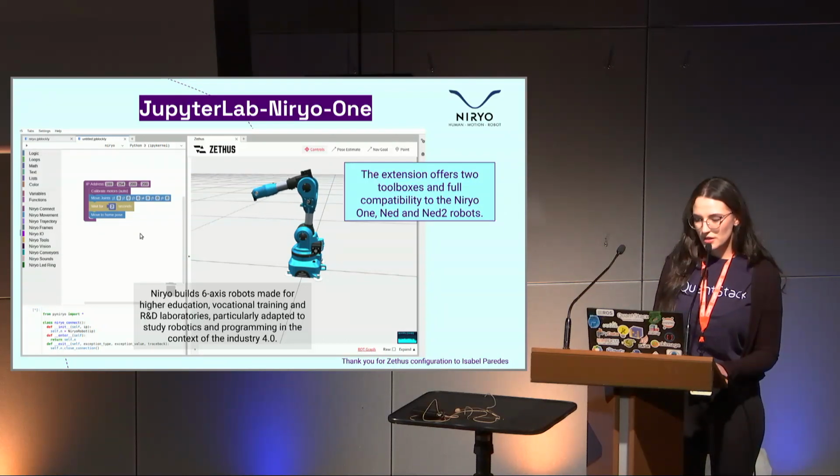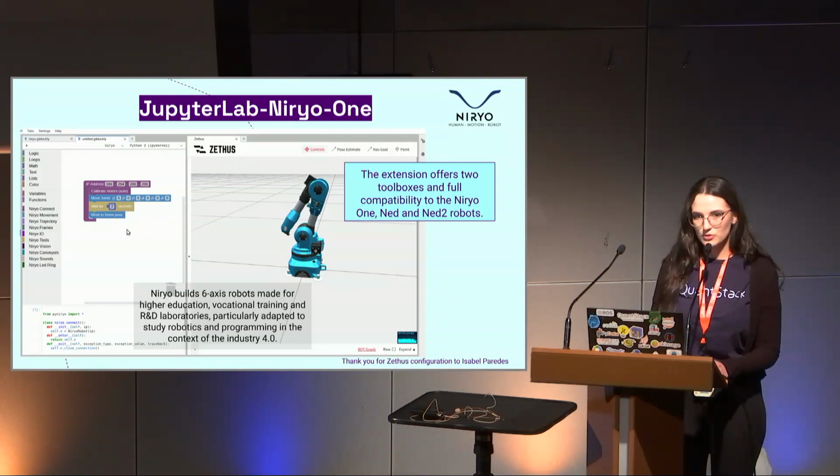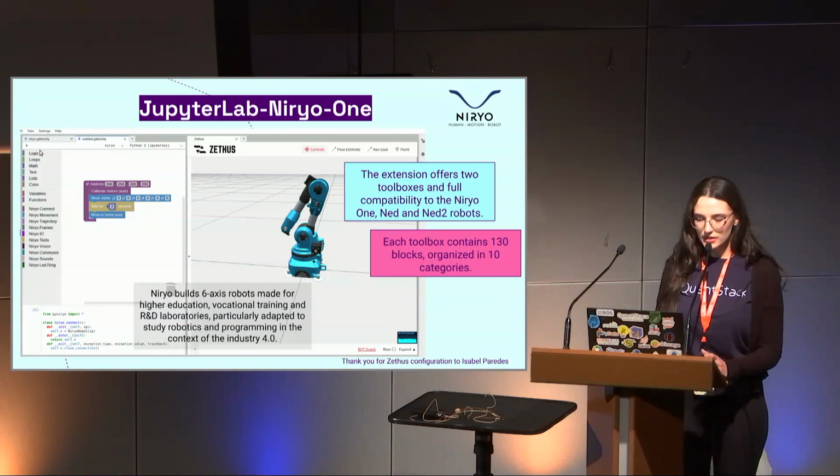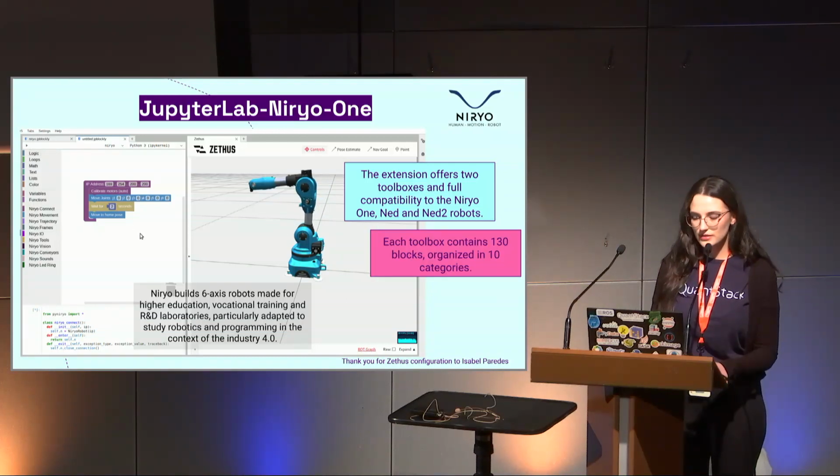So the extension itself offers two toolboxes in order to show the user this full compatibility with the Niryo One and NED 2 robots. You can see in Z2's implementation the Niryo One robot in action being controlled through the Blockly blocks that we have created for it specifically. In particular, each toolbox contains around 130 blocks organized in these 10 categories.